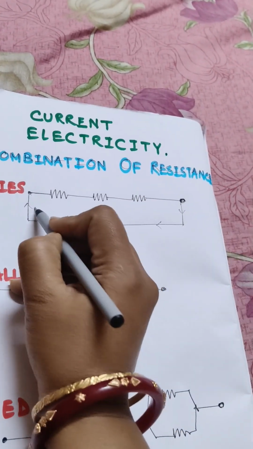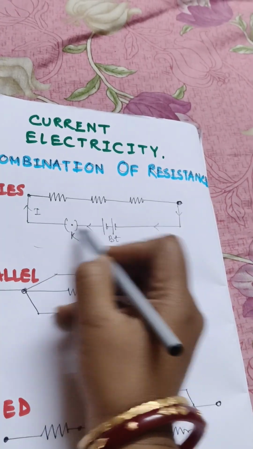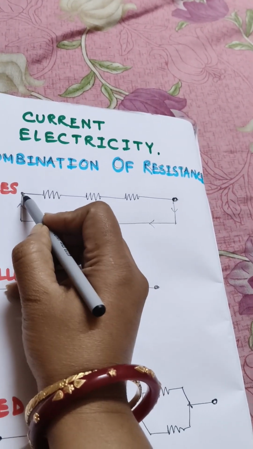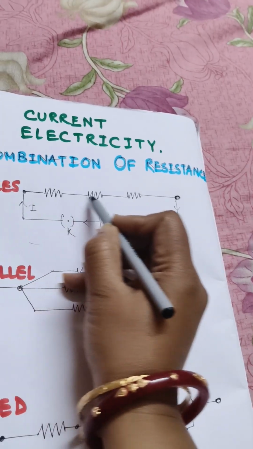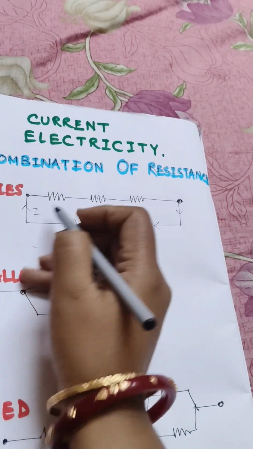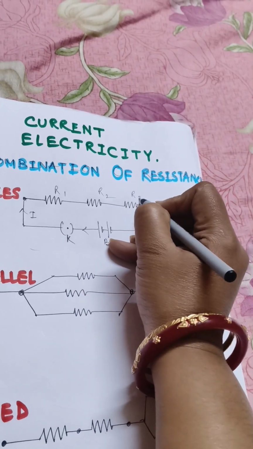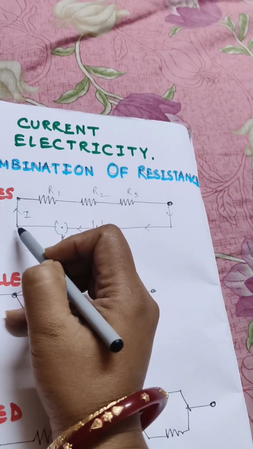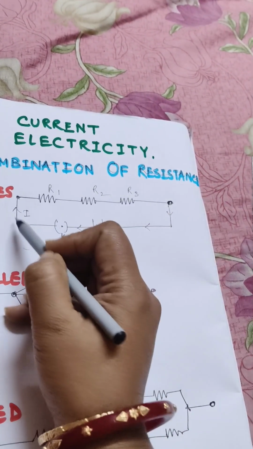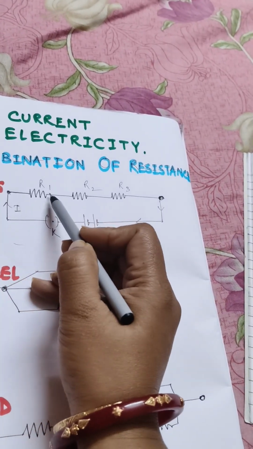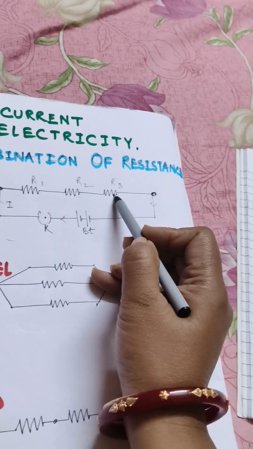Since it is a single path, when current I comes to this point, it has only one line. Whether the resistance is more or less, it has no other option but to go along this line. The same current goes through R1, R2 and R3.